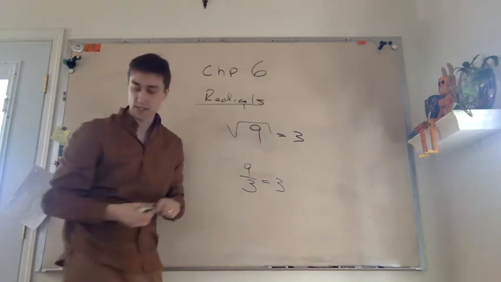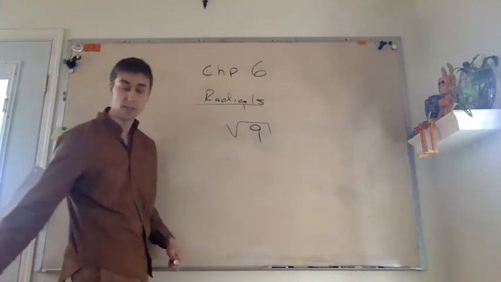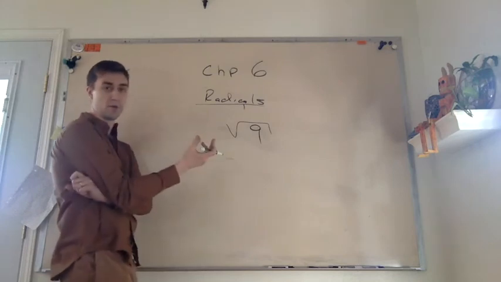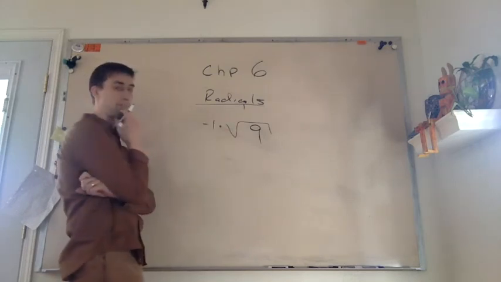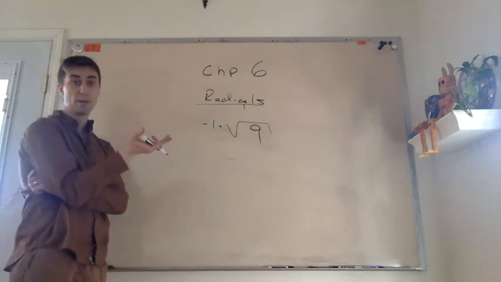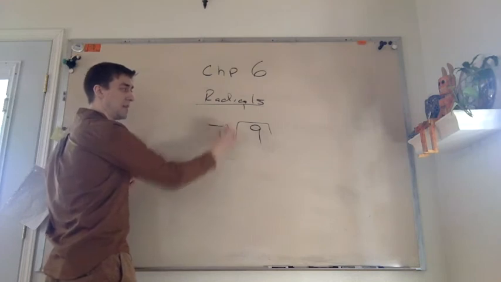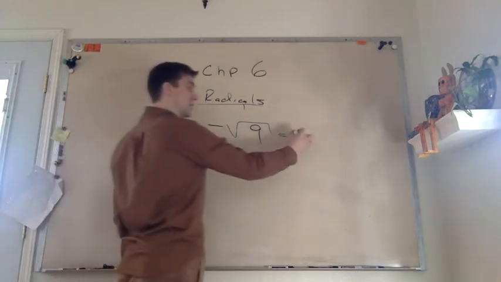It's the same idea. So the square root of 9 is 3. If you wanted the negative version, you multiply by negative 1. Normally we wouldn't write multiplied by negative 1, you just tack a negative sign on there. So this says the negative square root of 9, which is negative 3.